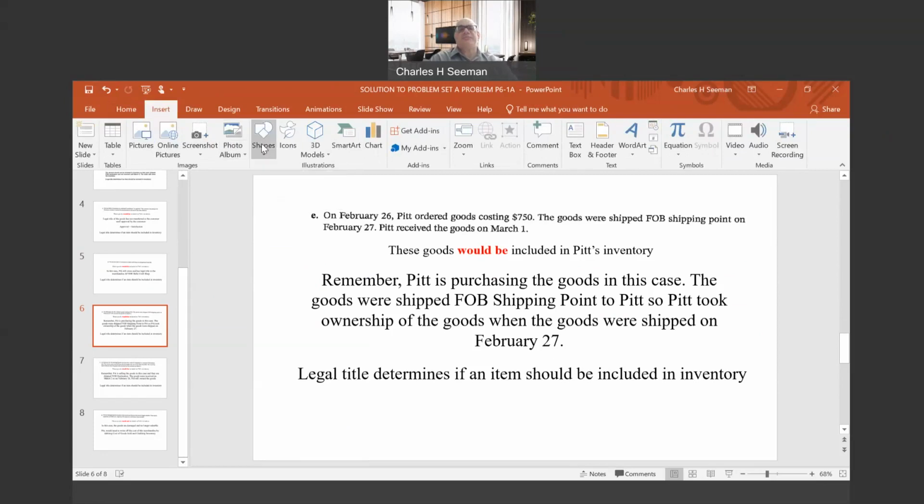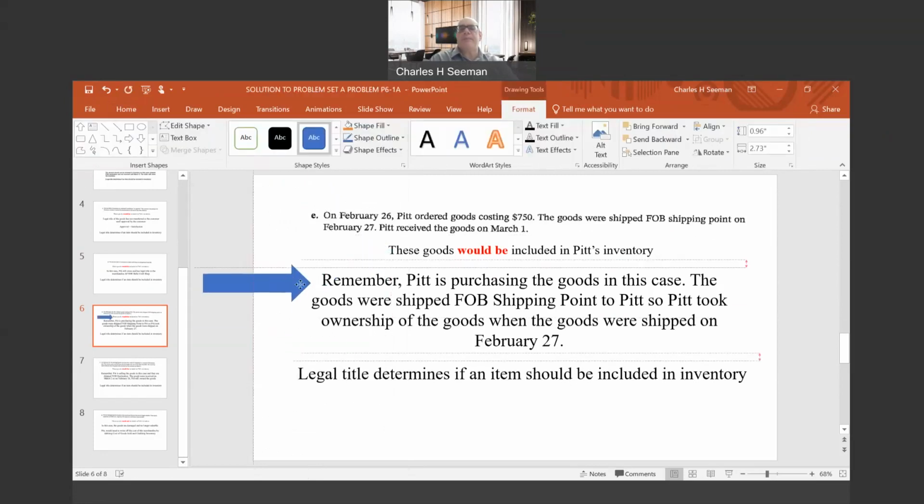February 27th is before February 28th, the end of the year. So these goods would be included in Pitt's inventory. Remember, Pitt is purchasing the goods in this case. The goods were shipped FOB shipping point to Pitt. So Pitt took ownership when the goods were shipped on February 27th.